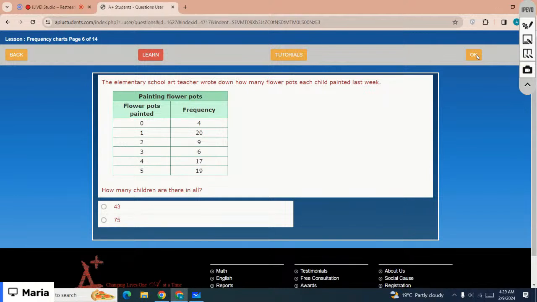You need to add all the frequency values. So, the correct option is 75. You need to add all the frequency values. They must add up to 75.